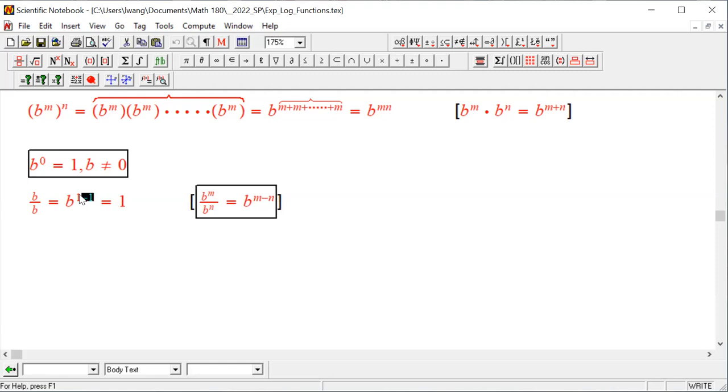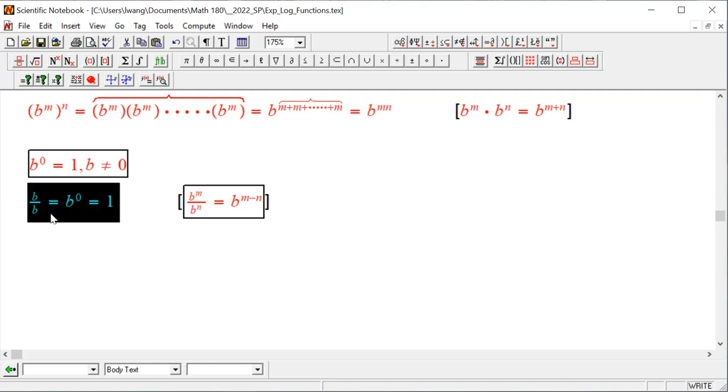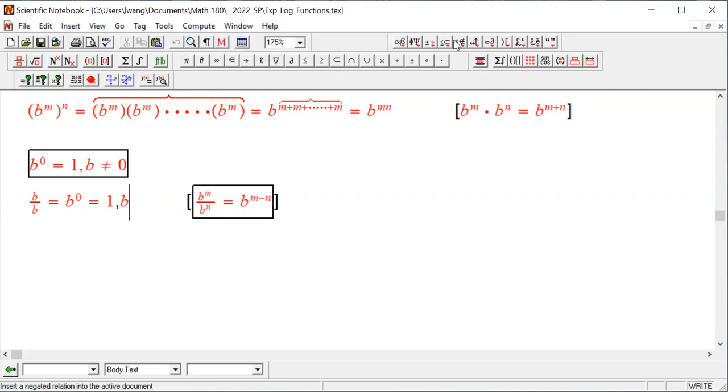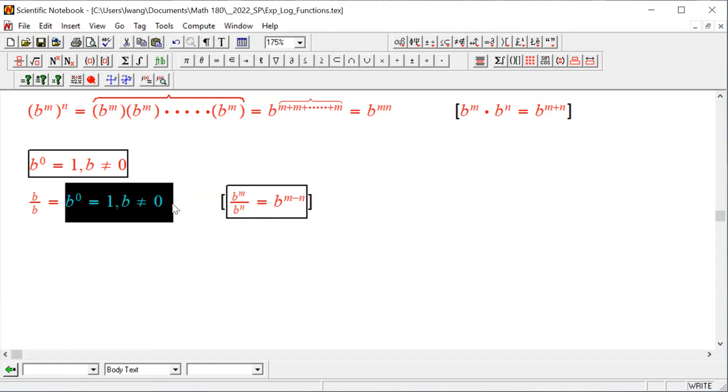And 1 minus 1, of course, is 0. However, we cannot possibly do these operations if b is 0, right? If b were 0, we cannot do this. Therefore, this can only be possible if b cannot equal 0.